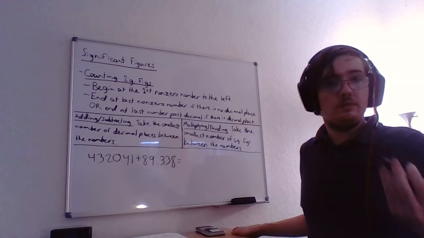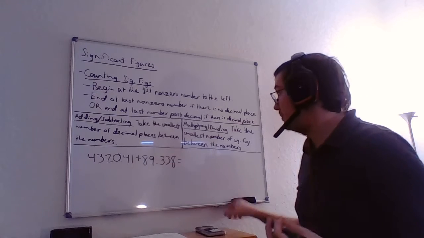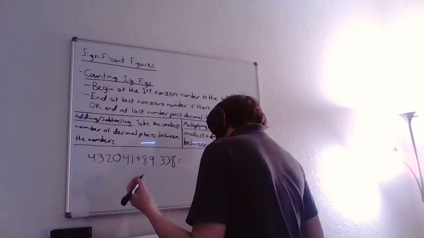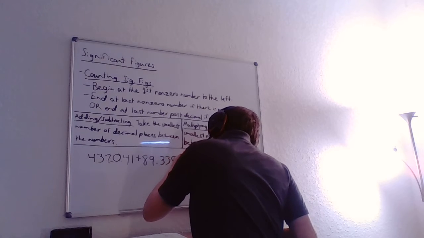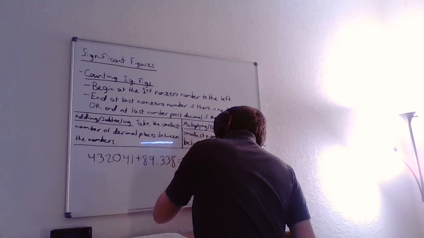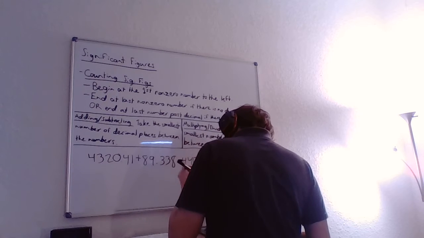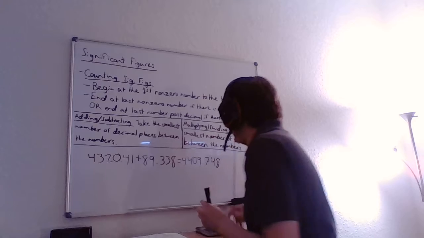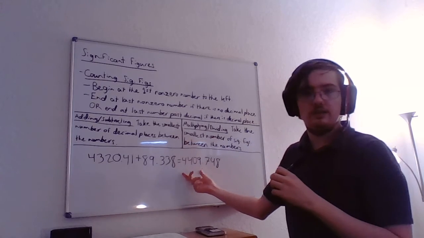Okay, so first off, you start with the arithmetic. What is the sum here? If you were just to type this in your calculator, what are you going to get? Now what I got was 4409.748. Okay, so this is the unrounded answer.